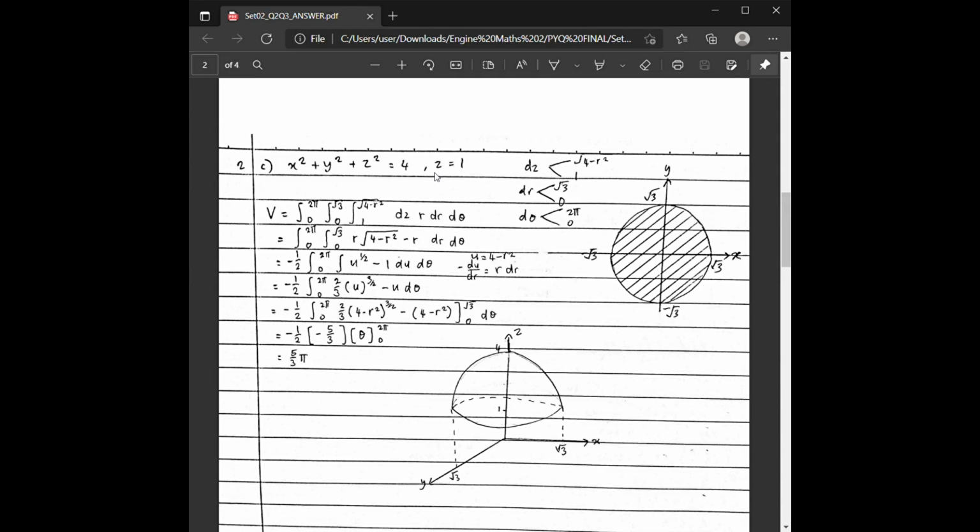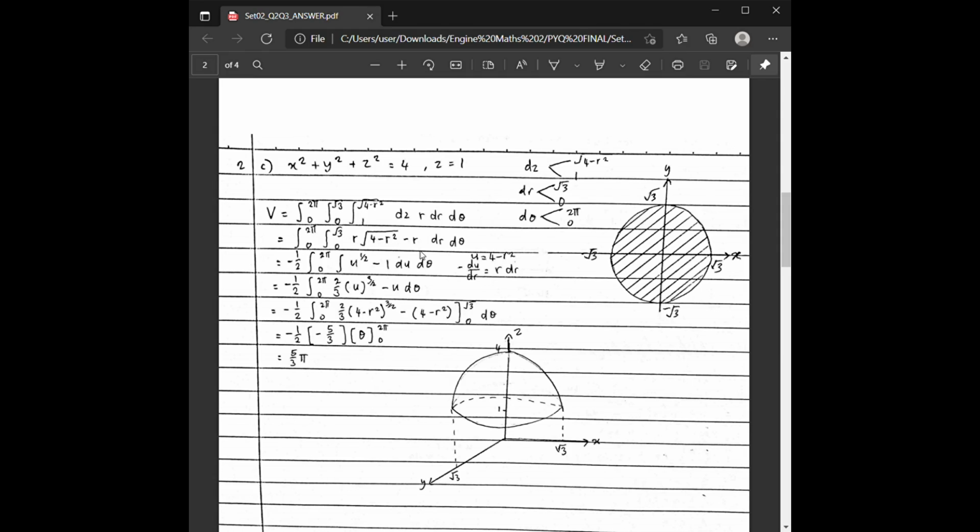Then it gives that the solid is bounded below by the plane z equal to 1. From the equation, we can draw our region, our solid sphere, then we can compute our volume equation.